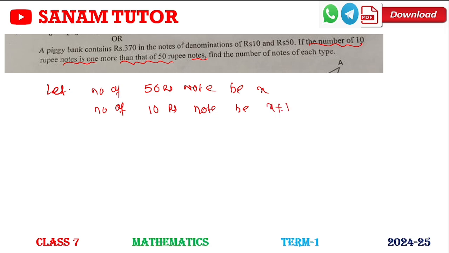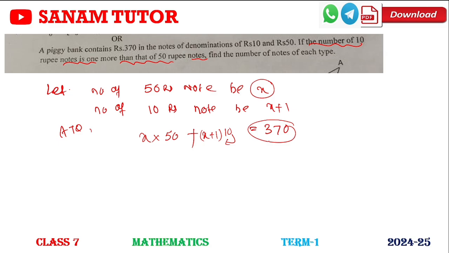So now according to the question we can write, the total value is given, that is 370 rupees, yes or no. The 50 rupee notes, total number is x, we multiply with value 50, plus the total number of 10 rupee notes x plus 1 with value 10. Because the right side is value, that's why we multiply by value on the left side. So 50x plus 10x plus 10 equals 370.